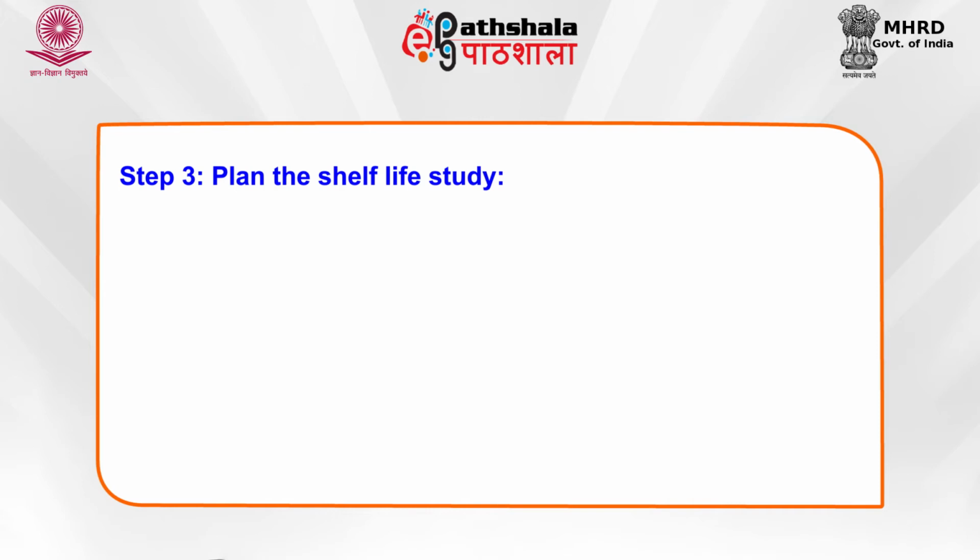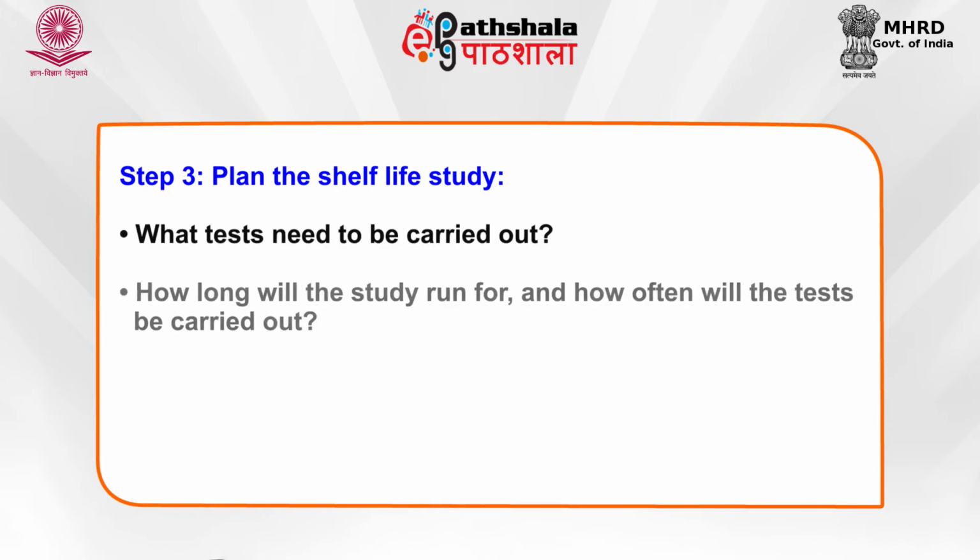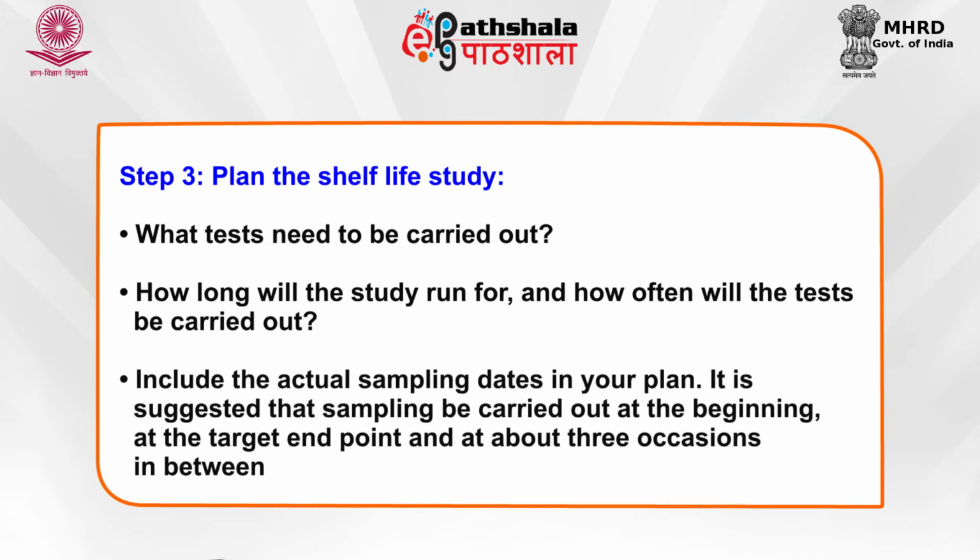While planning the shelf life study, we have to consider what tests need to be carried out. And the second one, how long will the study run for and how often will the tests be carried out. Include the actual sampling dates in your plan. It is suggested that sampling be carried out at the beginning, at the target end and on about 3 occasions in between.